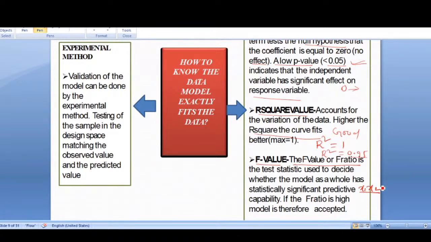The combination, the product of these, will influence the response, and that will be indicated by this F value. So a high F value means your model is very good. So for a perfect model, the p-value should be low, and the R square and F values should be high. Then the model is fitted well with the experiment.